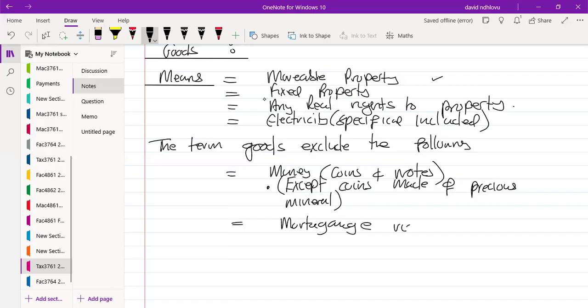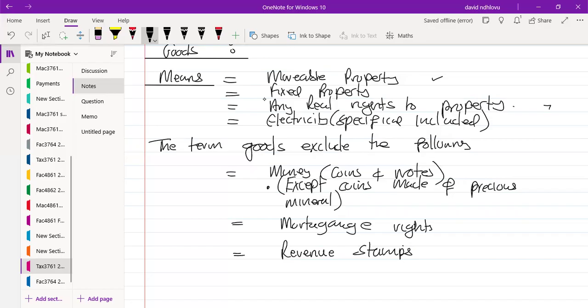Right, mortgage rights. Remember we have real rights to a property. However, mortgage rights do not qualify to be part of goods. And then we have something called revenue stamps. I'm not really sure I understand what the revenue stamps are, but with my little understanding, these are stamps that are given when you have paid certain types of tax.